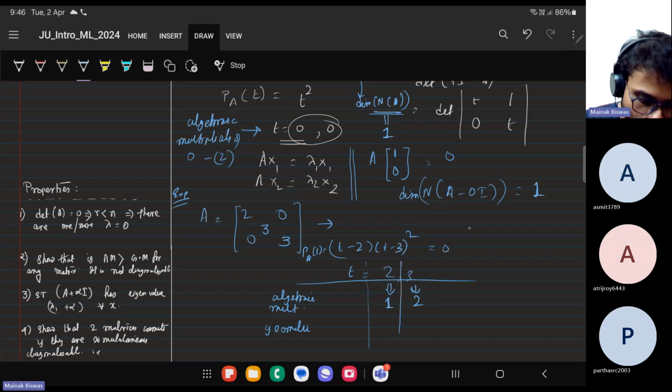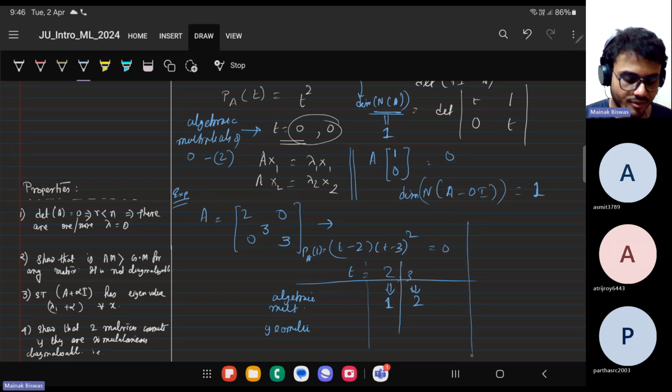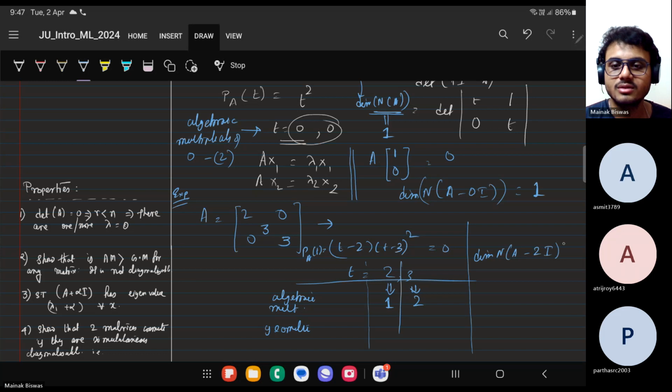Now what if I'm told to find the geometric multiplicity of 2, what will I do? What do we have to find? The dimension of the null space of A minus 2I, right? How many null space vectors does A minus 2I have? Correct? Yes. The dimension of the null space.